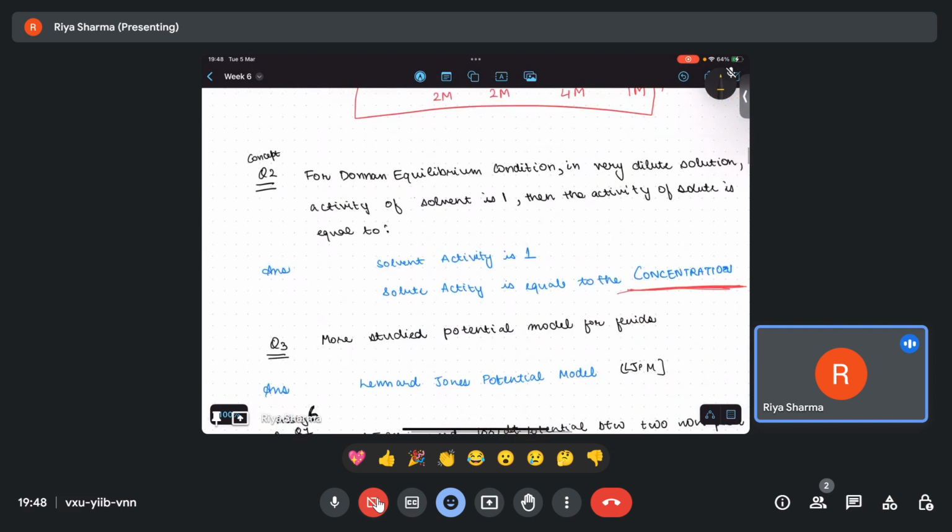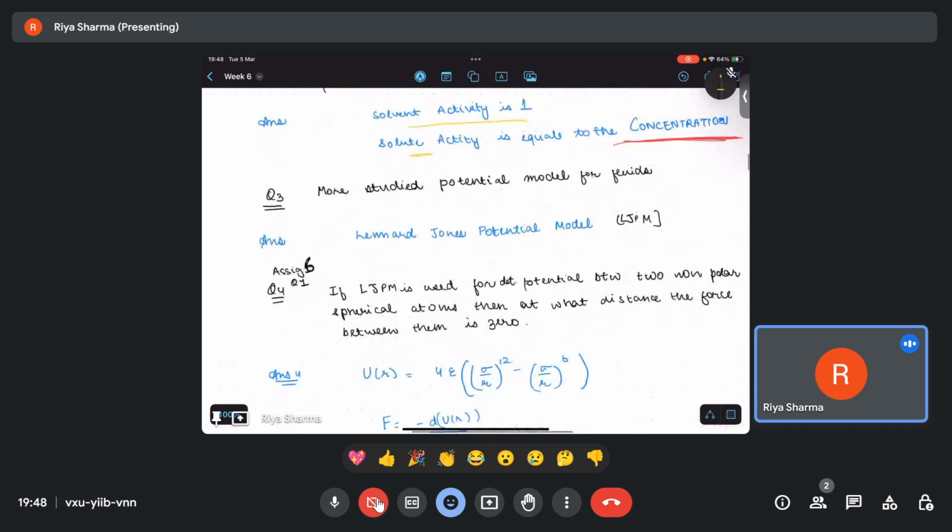Now we should know that in Donnan equilibrium, when the solvent activity is 1, the solute activity is basically the concentration.